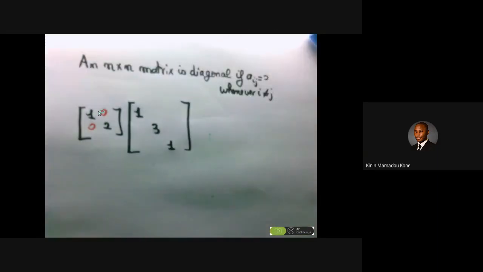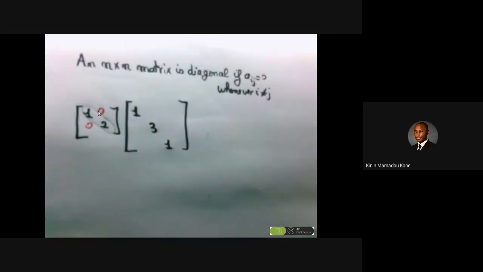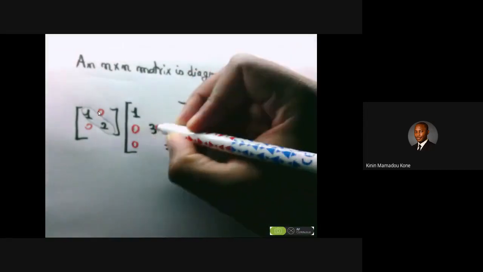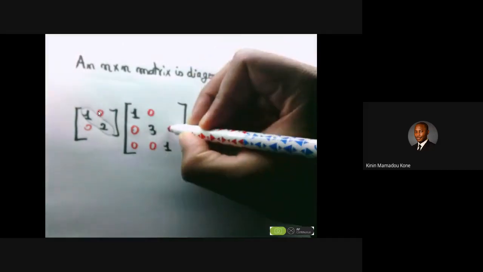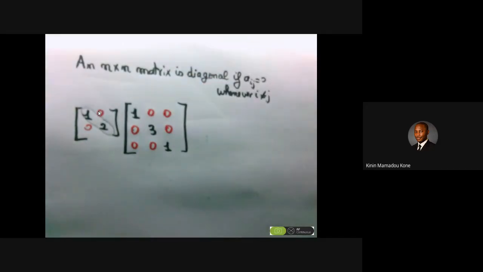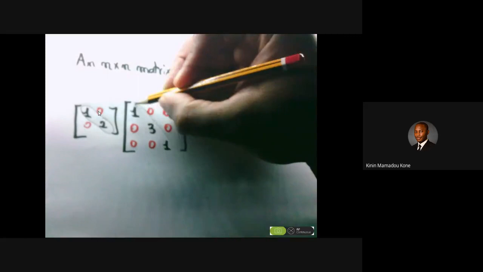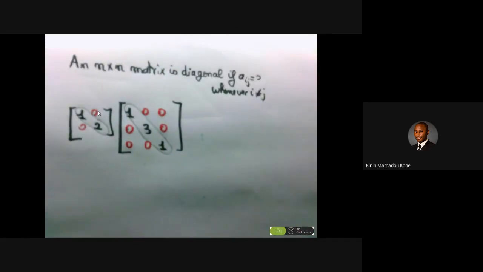It's only the values in the diagonal that are not equal to 0, but everything else is 0. Here you have a 0, here a 0, here a 0, but in the diagonal you have a value. This is what we call a diagonal matrix.